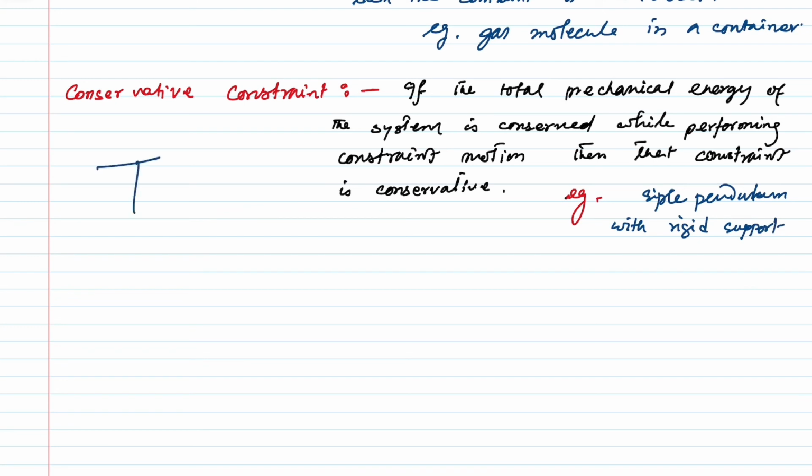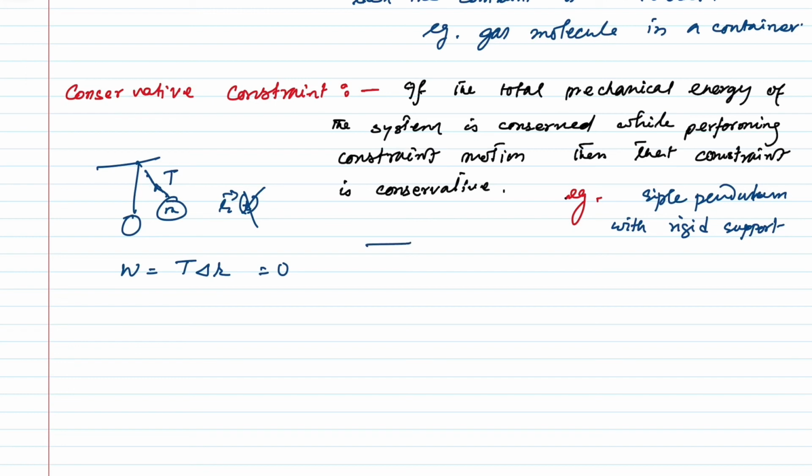While oscillating, the tension acting on it is T, and R is the position vector, then the total work done is T dot del R. Here del R will be 0, so the work done is 0. As the total energy is conserved, it is conservative.